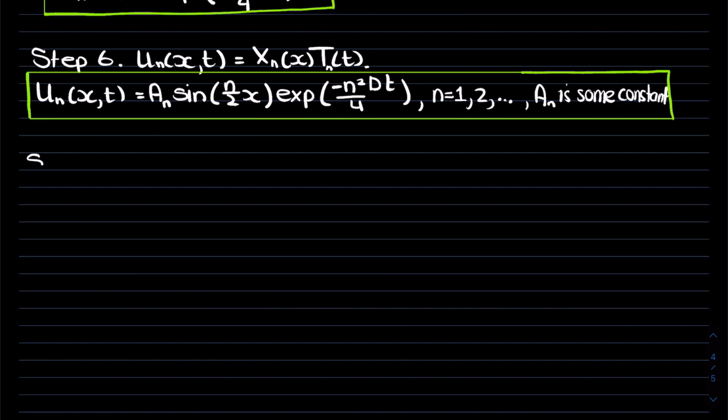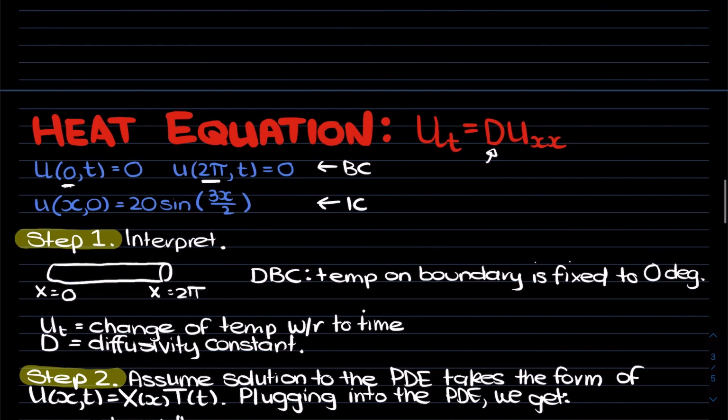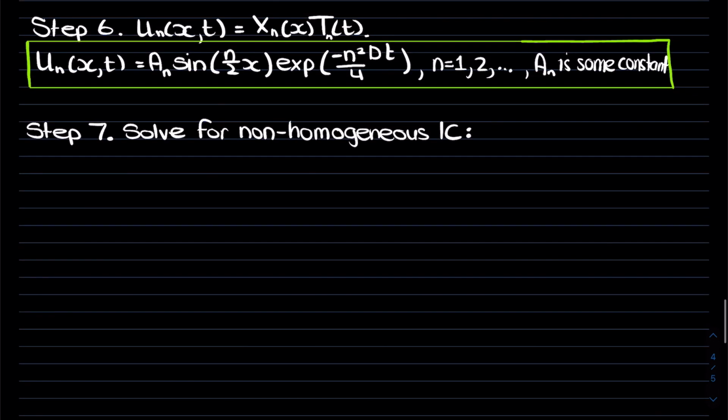Now, step 7. We want to solve for the non-homogeneous initial condition. And if you recall back to the very start here, this was our non-homogeneous initial condition. So I'll just rewrite this again down here. That was u of x naught equals 20 sine 3x over 2.